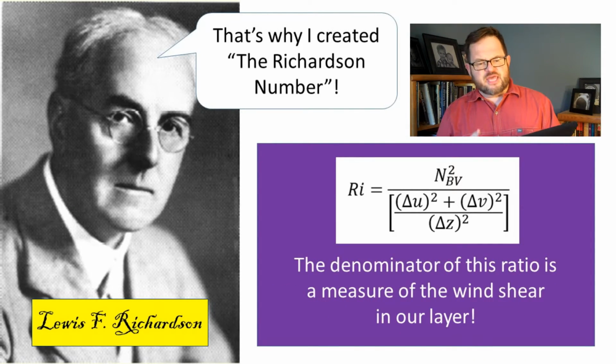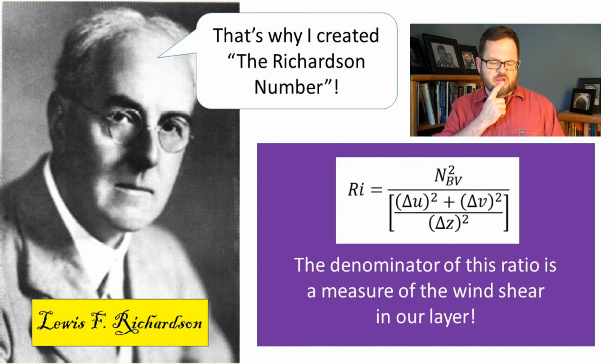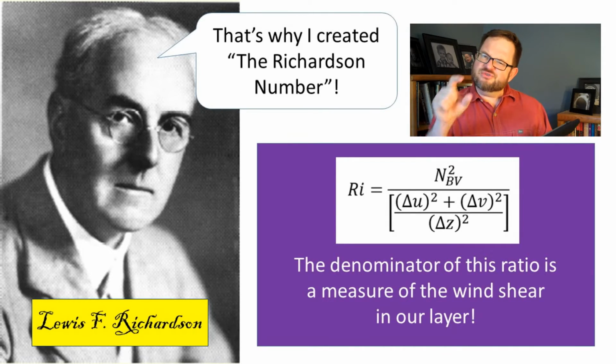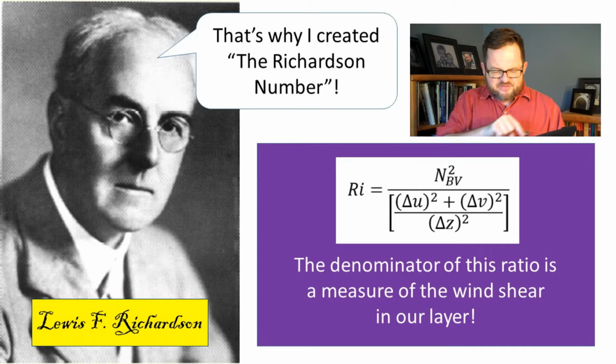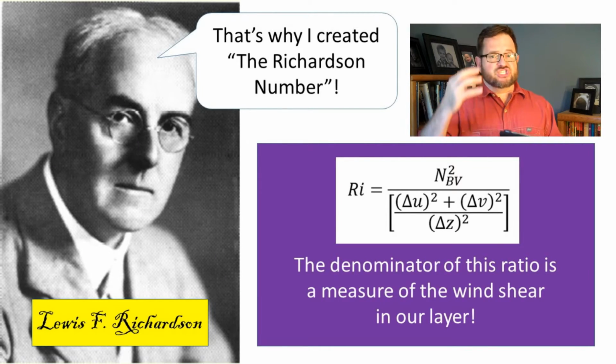When you look at that then, there on the bottom, the denominator of this ratio here, do you see how there's kind of a delta U, delta Z? And there's a delta V, delta Z. It's a little bit of a mess in this particular form to see that this can actually be rearranged and be a way of talking about shear, where it's the change in the wind with respect to height.